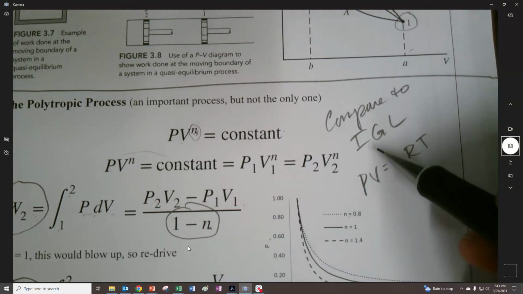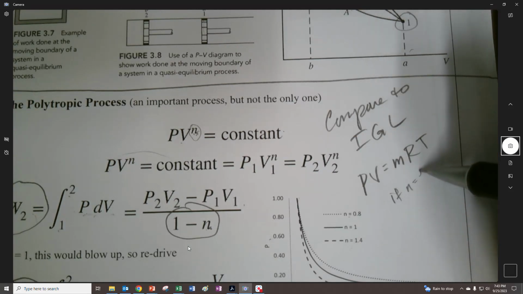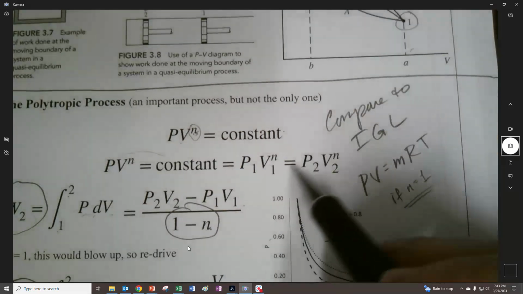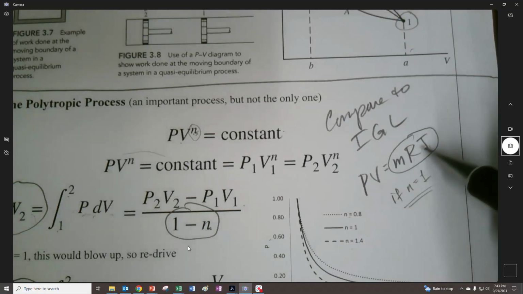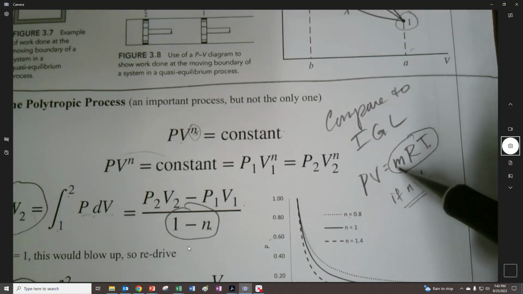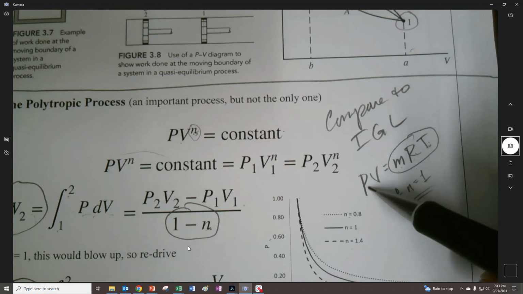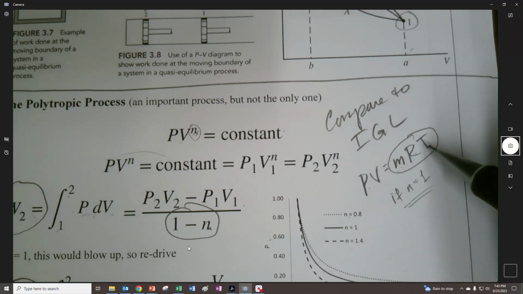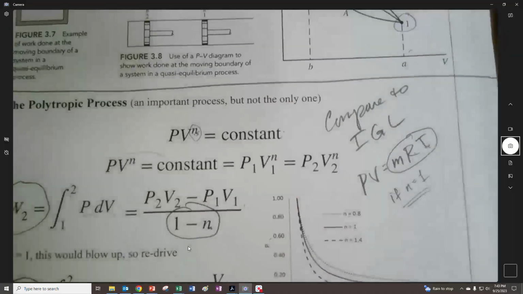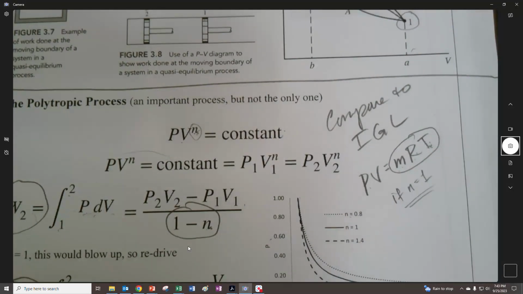Well, if n equals 1, you could say that all of that is equal to a constant. If temperature doesn't change, m is a constant, R is a constant, T is a constant, therefore P times V equals a constant, which is probably going to be temperature equaling a constant. I suppose you could make the mass change, but we would never do that.